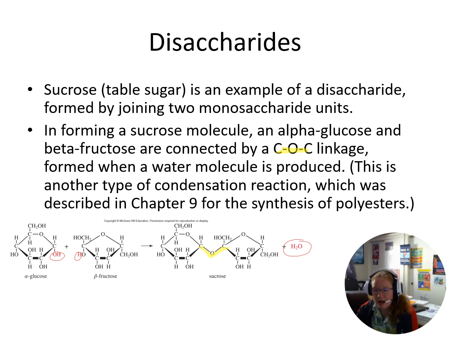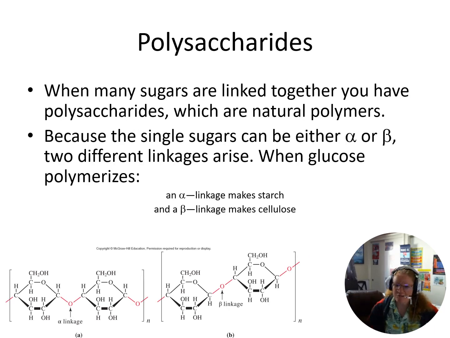When these link up, the oxygen that's on the beta fructose is the one that stays, and the oxygen coming from the hydroxyl group on the alpha glucose is the one that gets kicked off when it forms the ring. We describe this as a type of condensation reaction, and we produce a water molecule for every sucrose that we make.